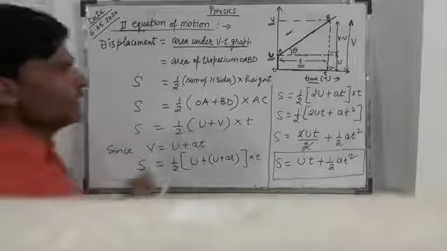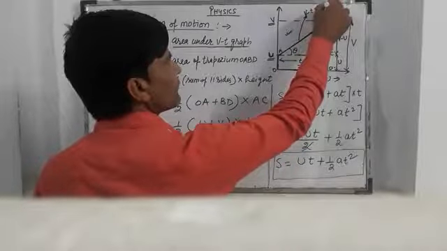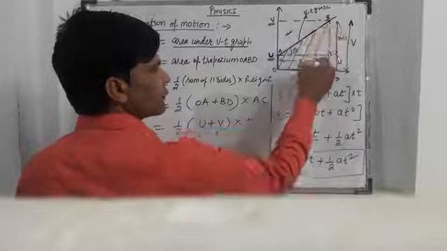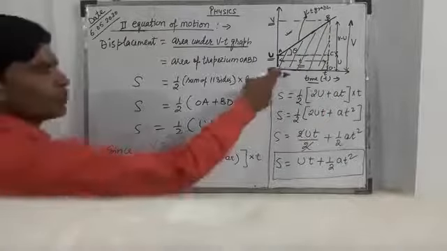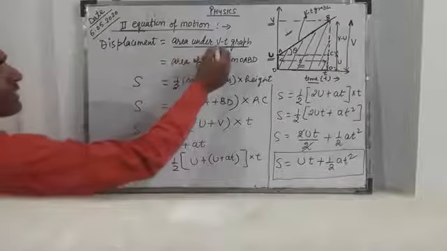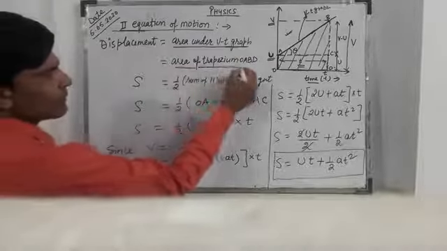Here the vt graph is there, and the area under this is in the form of a trapezium OABD.